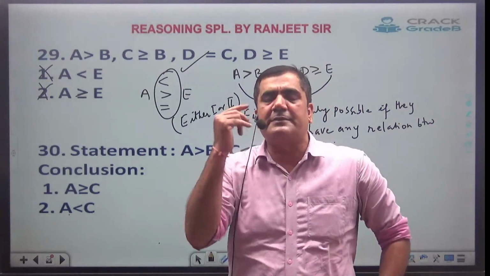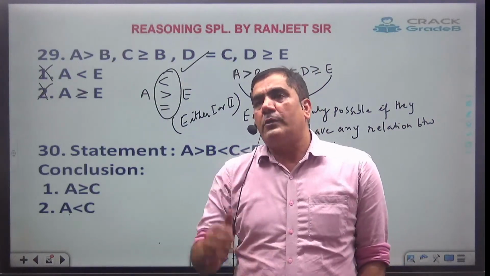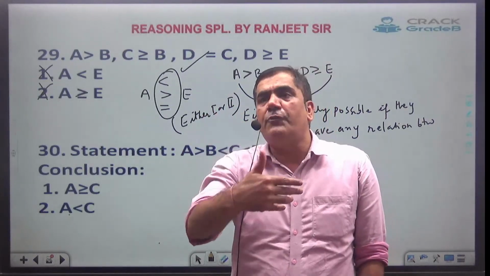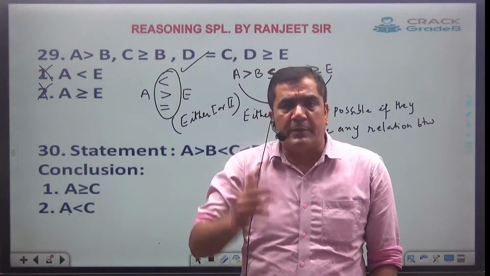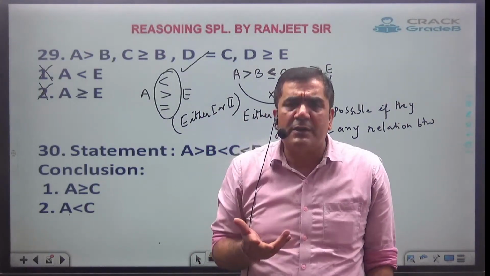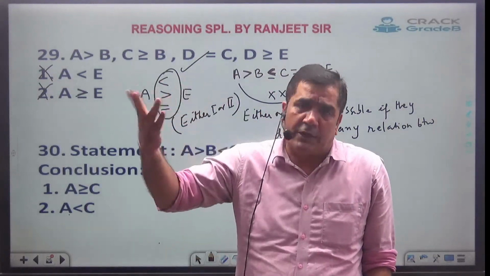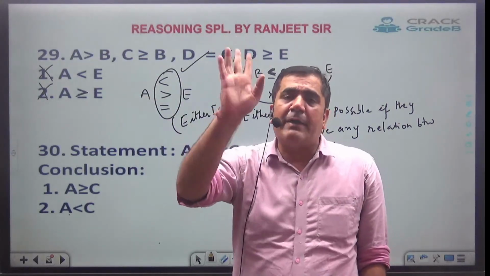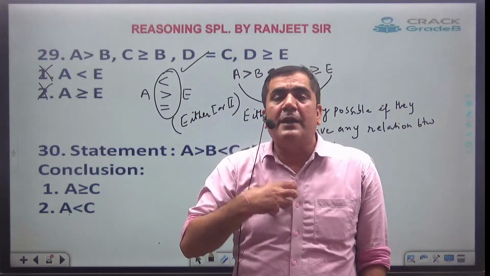Let's understand with an example. Suppose you ask me, sir, out of you and Suresh, who is the elder person? So the next thing I'm going to ask, who the hell is Suresh? Means if you don't have any relation, then the maximum possibilities will be: case number one, I am the elder one.